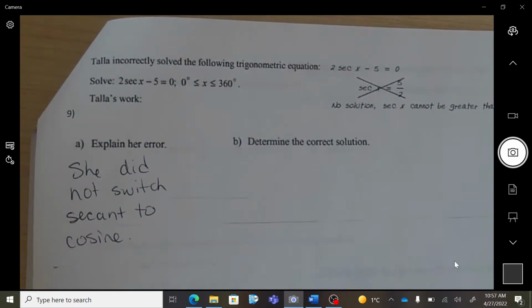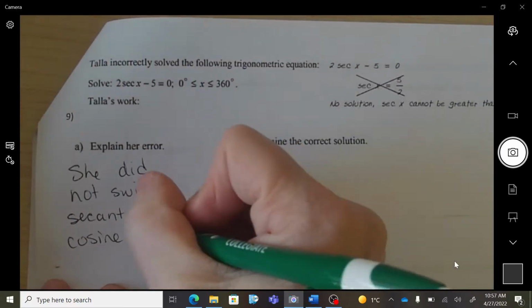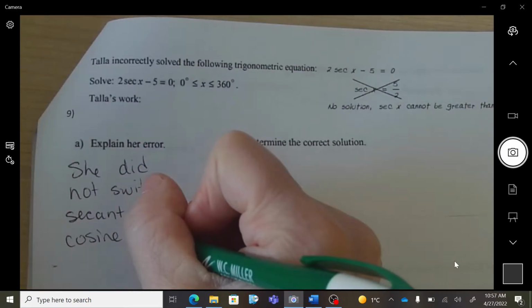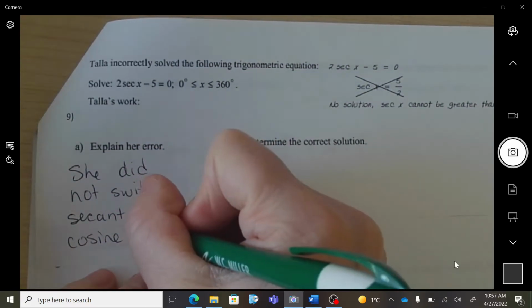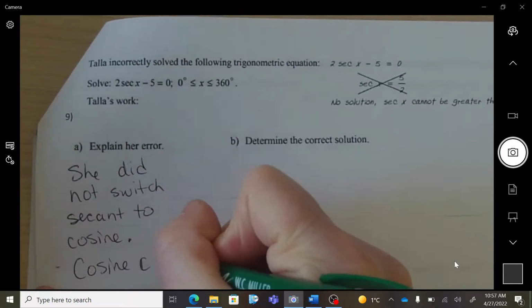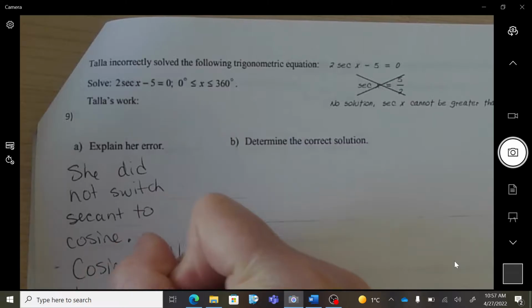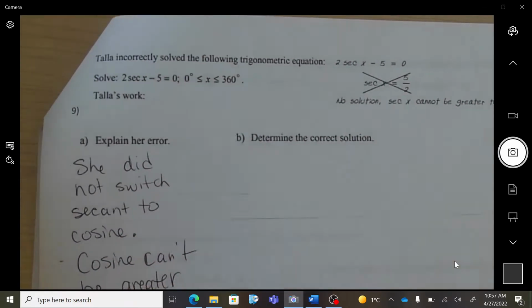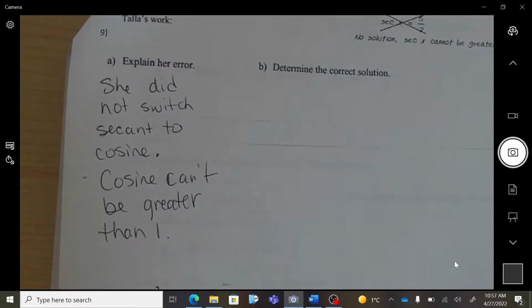So that's her thinking. She was thinking that secant can't be greater than 1, and she forgot to switch. So cosine can't be greater than 1. She forgot to switch, and then she made that error.